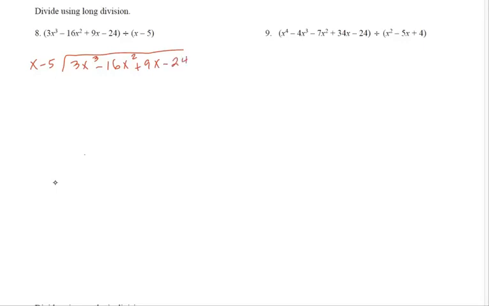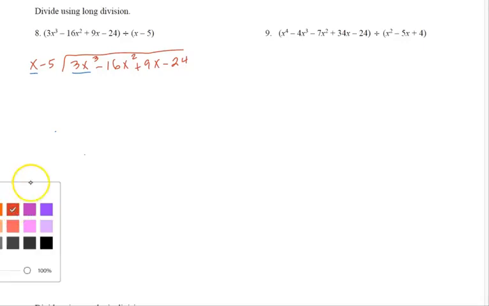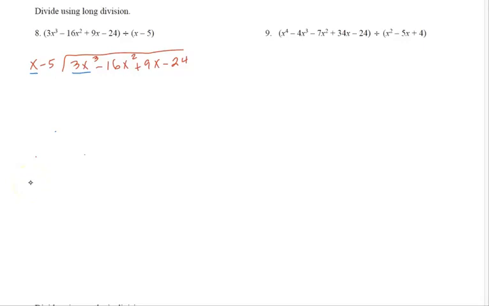So the first division I'm going to do is, I'm just going to underline it for you. I'm going to divide 3x to the third by x. So let's go over here and just see what that is. 3x to the third divided by x is 3x squared.